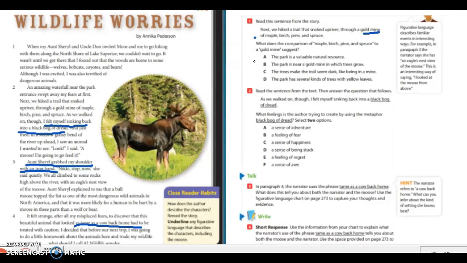So, if he referred to the gold mine being those 4 types of trees that were on the trail, what does it suggest that those trees are like? Go ahead with your group now and circle the correct answer, A, B, C, or D.